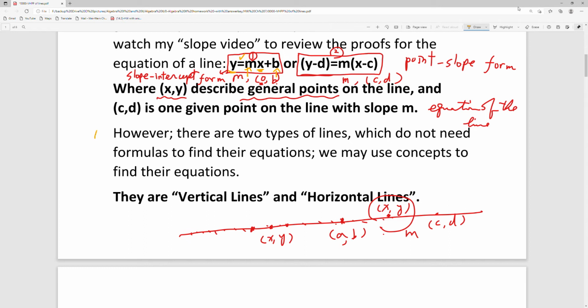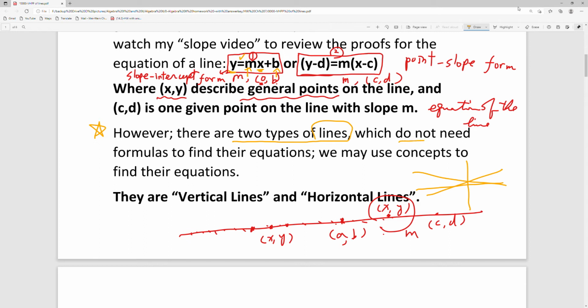Now, starting from today, I want to show you something interesting. We have so many different types of straight lines. And today we want to emphasize 2 types of lines. Why are these 2 types of lines special?